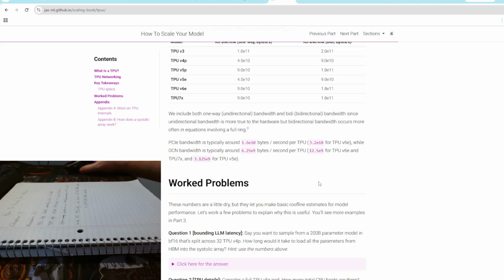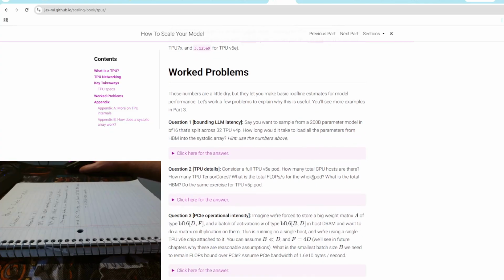Next, does that mean that 200 billion parameters in BF16, so 200 billion times the amount of bytes in BF16, right?